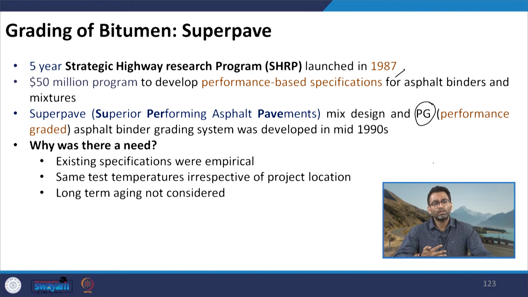However, we have discussed in detail that durability is also a function of the long term behavior of the binder when the binder is exposed to the average temperature conditions during its entire service life, from just after opening to the traffic to the end of its service life. It undergoes a lot of temperature changes. However, long term aging was not considered in the previous specifications.